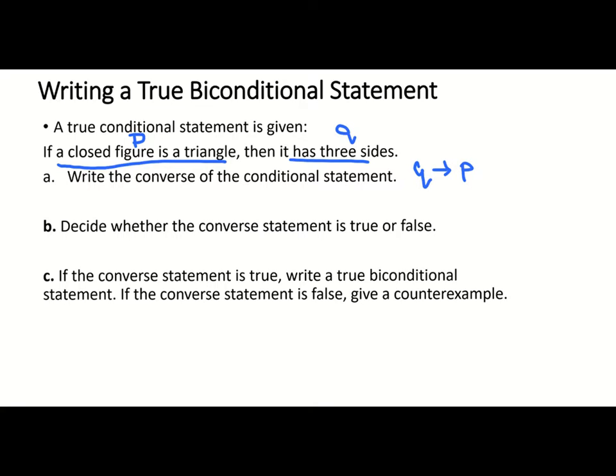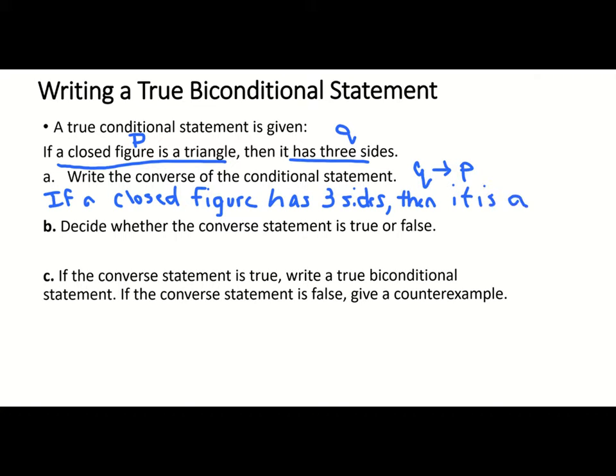So I'm going to say: if a closed figure has three sides, then it is a triangle.